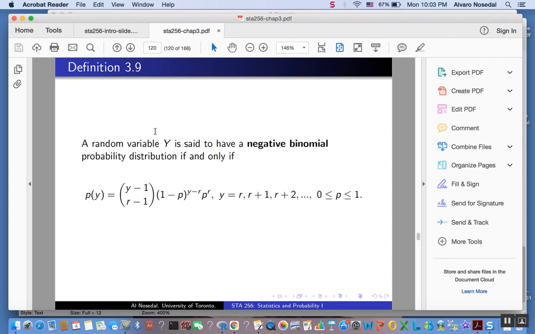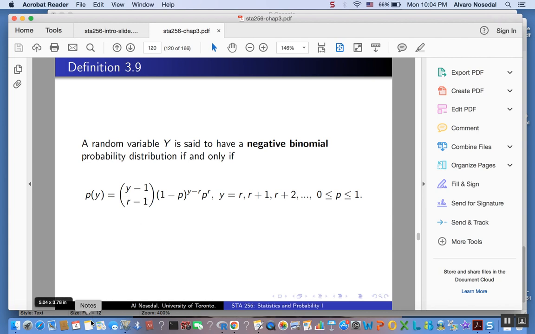So if a random variable y has a negative binomial distribution, then the probability distribution, meaning the formula that gives you the probability of observing a particular value y, is given by y minus 1 choose r minus 1, right?